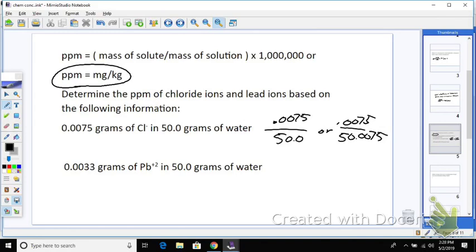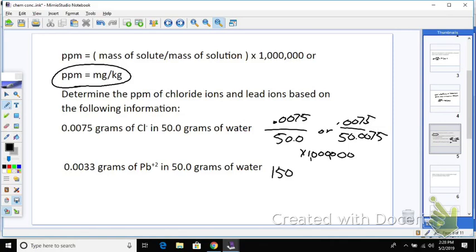Okay, let's compare the answers. And then you multiply by, of course, 1,000,000 on both of them, right? Okay, so let's see if there's any difference between them. If you did the left side, what'd you get for an answer? 150. Was it exactly 150?